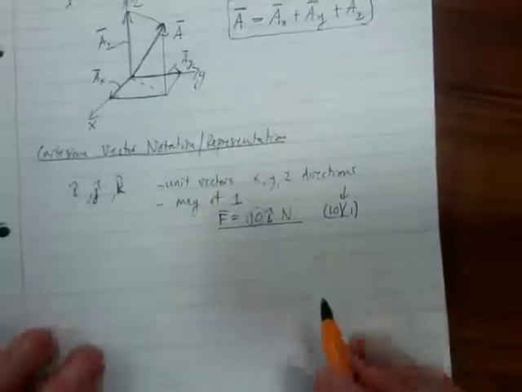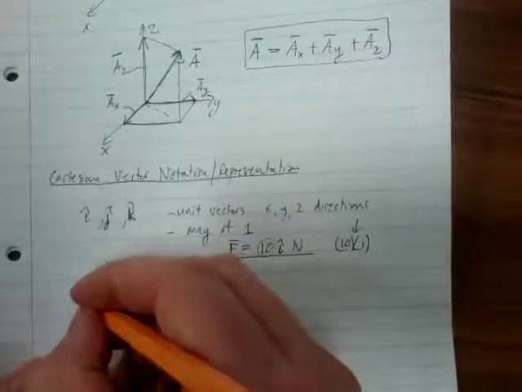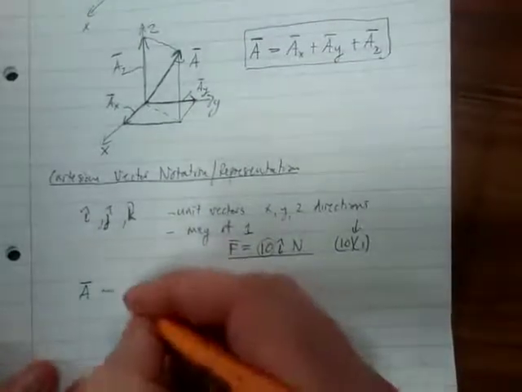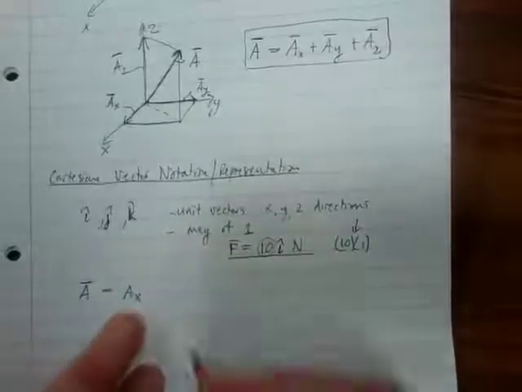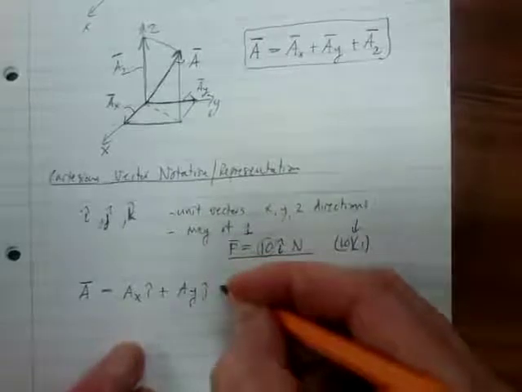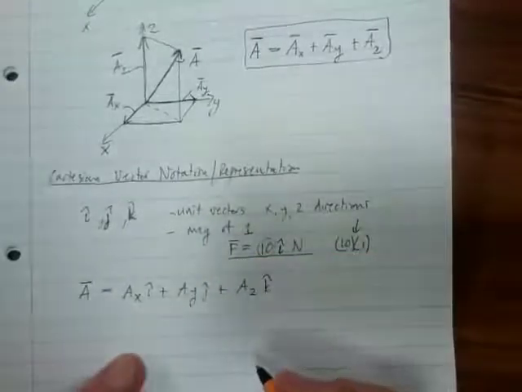So let's rewrite this in Cartesian vector notation. We can say vector A is equal to Ax in the i direction plus Ay in the j direction plus Az in the k direction.